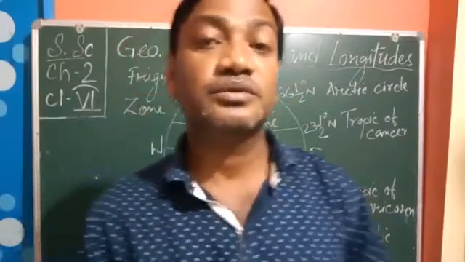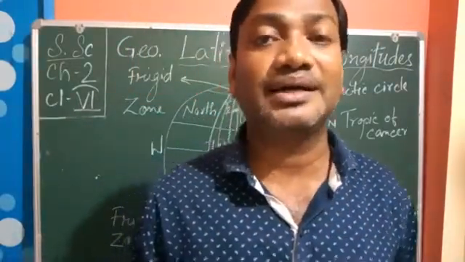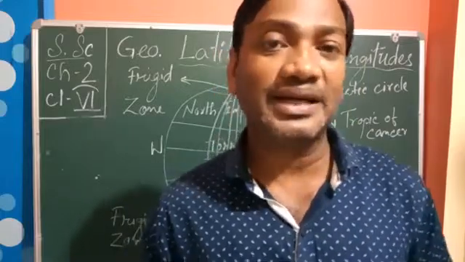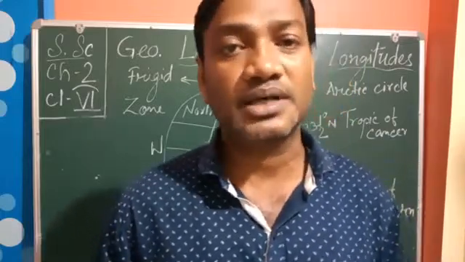Both sides we find 180 meridians, and in total there are 360 meridians on the globe.